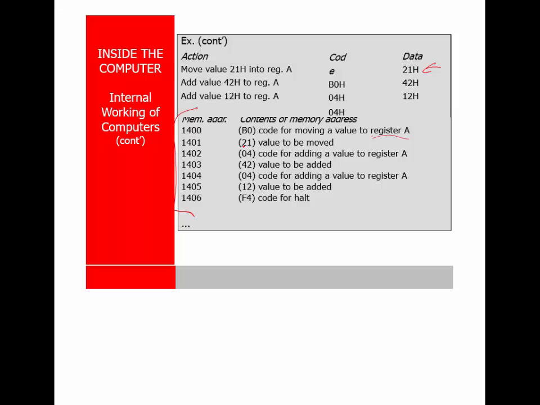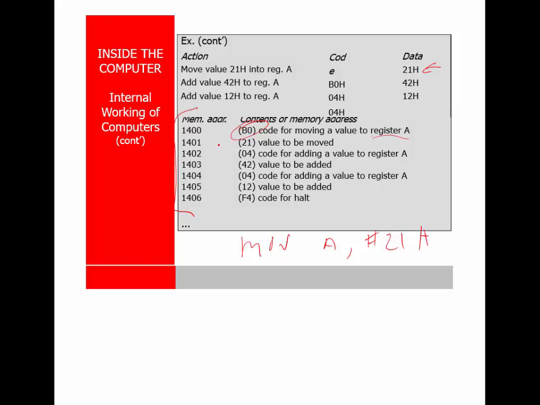The actual command for that might be something like move A, comma, 21H. In other words, that might be the actual code that we would write. What that does is move the number 21 into register A. Well, what the microprocessor sees is B0.